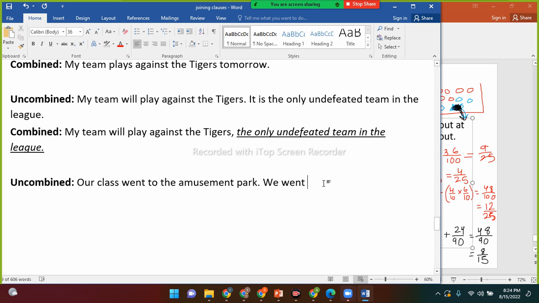Our class went to the amusement park. We went there for the entire day. So how can we combine these two sentences?